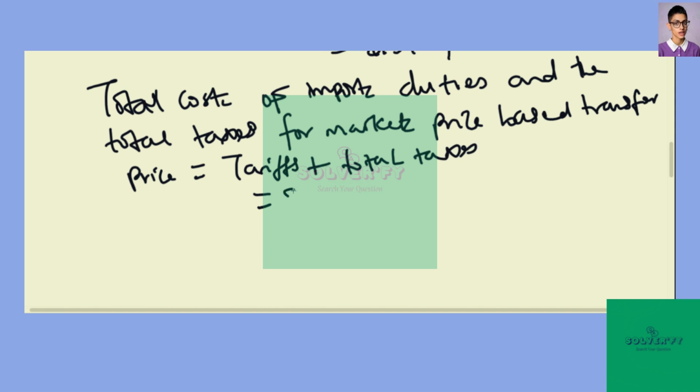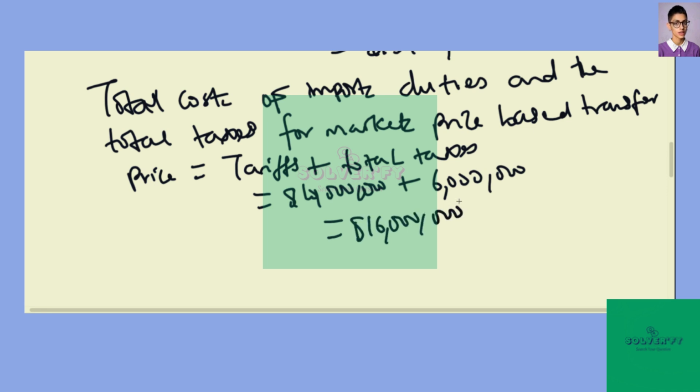The tariffs are 10 million plus the total taxes of 6 million. So the total cost will be 16 million. Therefore, as the transfer price increases from $175 to $250, the total cost of import duties and total taxes increases, and the total cost is lowest for the cost-based transfer price of $175.